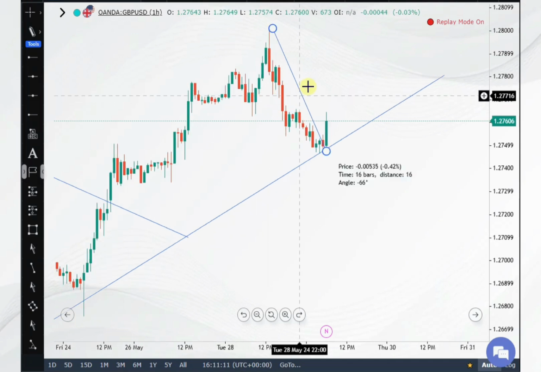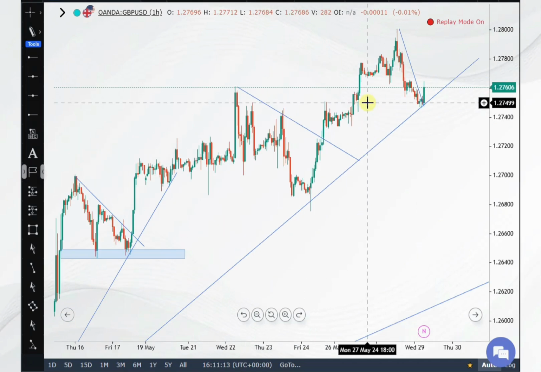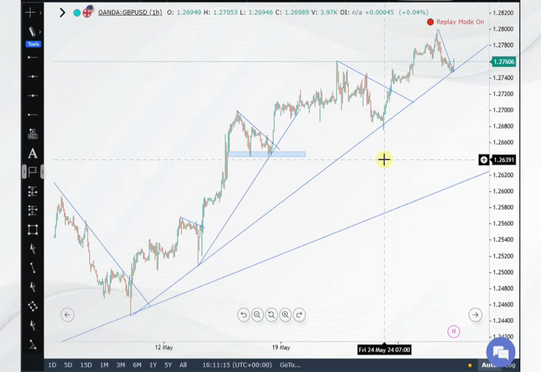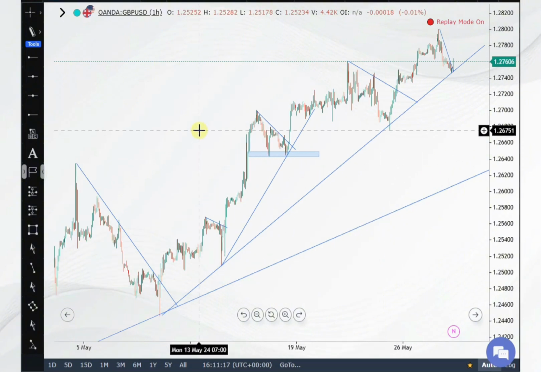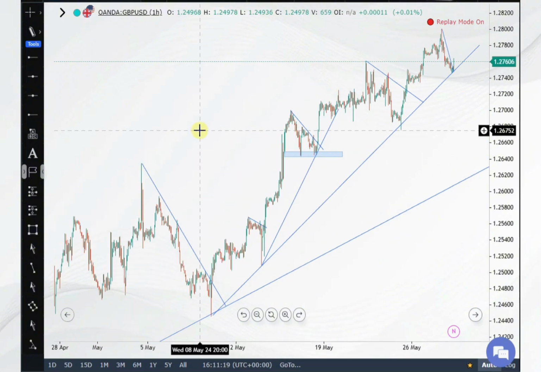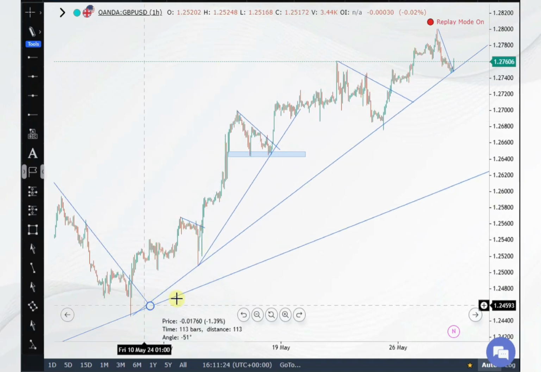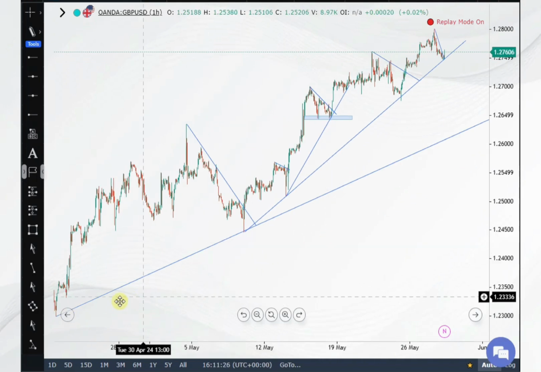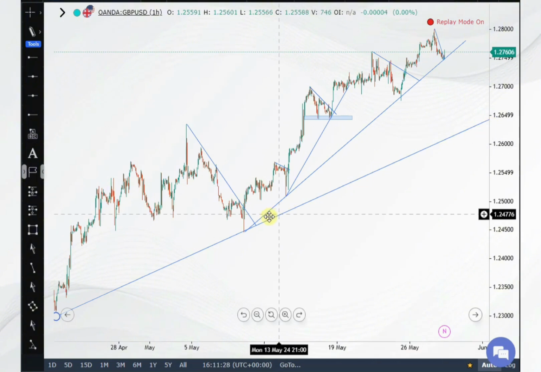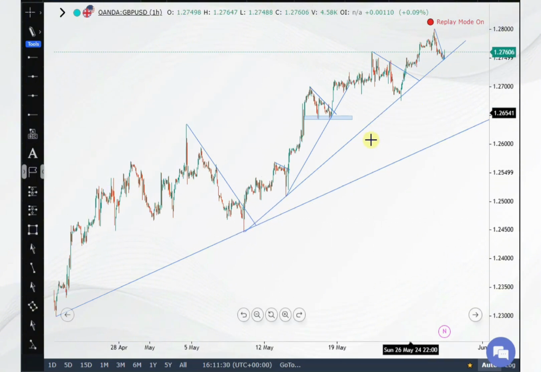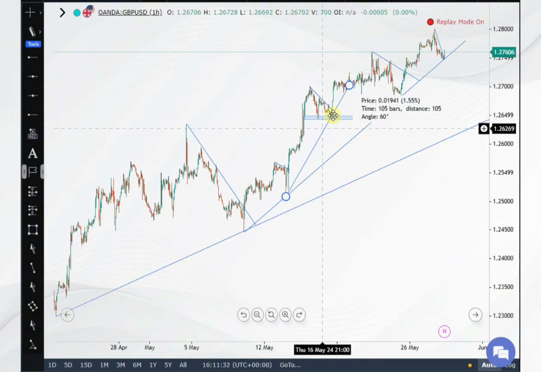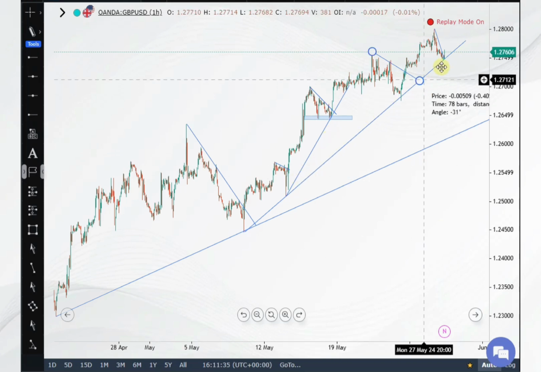Okay, so I hope you understand, and you will now be able to draw your trend lines properly on your charts as well. We have an overall trend. We have a trend inside the overall trend, and we also have a trend inside this mini trend.